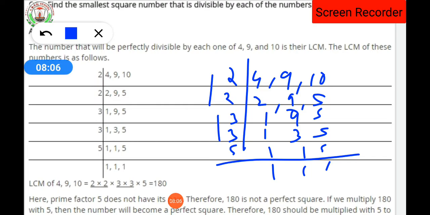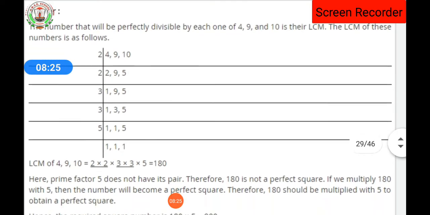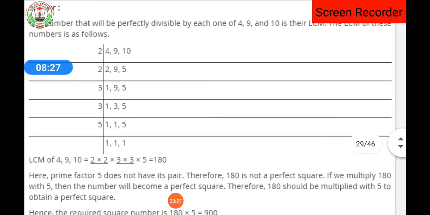So multiplying 2 into 2, we will get 4, 4 into 9 is 36, 36 into 5 will be 180. So the LCM of 4, 9, 10 is 180.